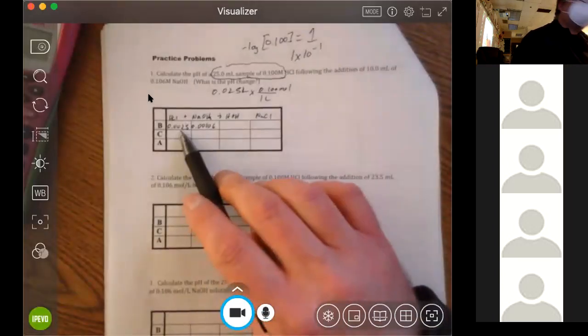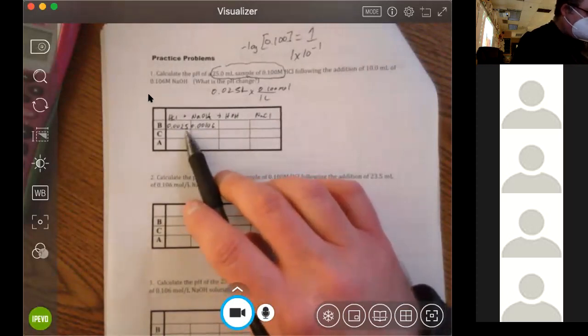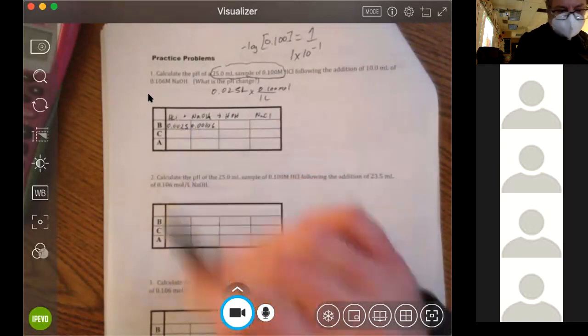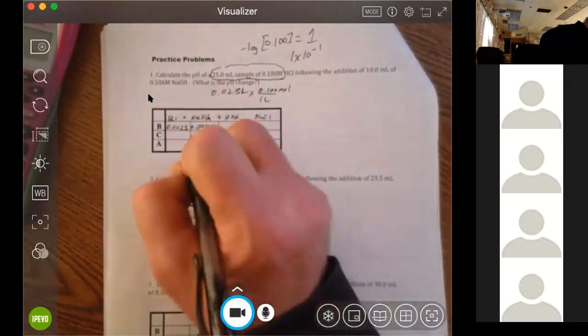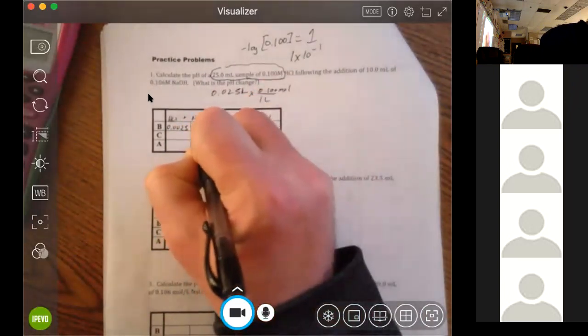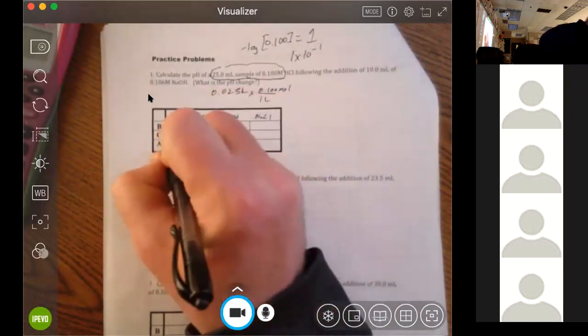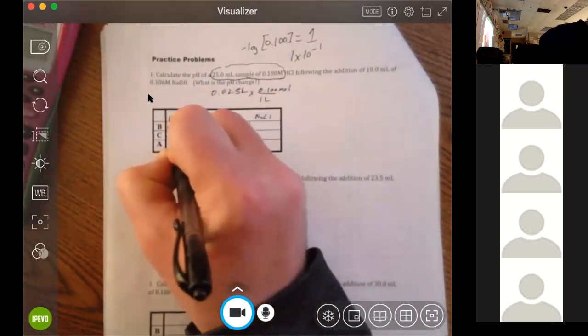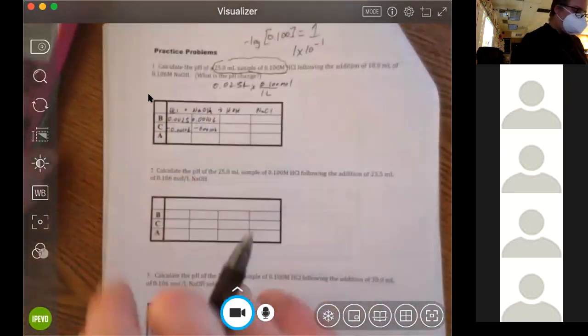So if we take a look, basically what this BCA table allows us to do is say, okay, out of these two, which one do we have less moles of? Because that's going to be the limiting reagent, right? So we are going to lose 0.00106. It will react with this, so we are going to lose 0.00106.